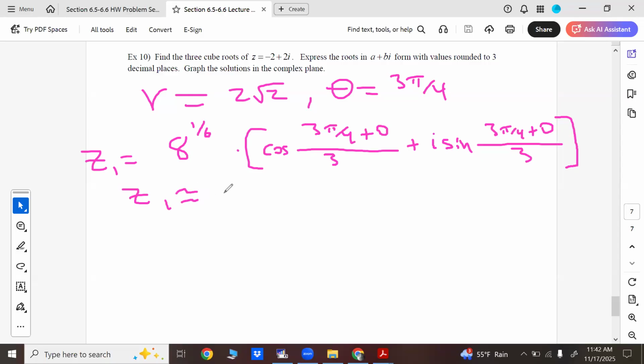And of course, 3 pi over 4 divided by 3 is going to be pi over 4. Actually, before I approximate it, 8 to the 1/6 power cosine of pi over 4 plus i sine pi over 4. Well, cosine pi over 4 is root 2 over 2, right? I think I could probably try reducing it, but I don't feel like it. Let's just get the decimal answer.